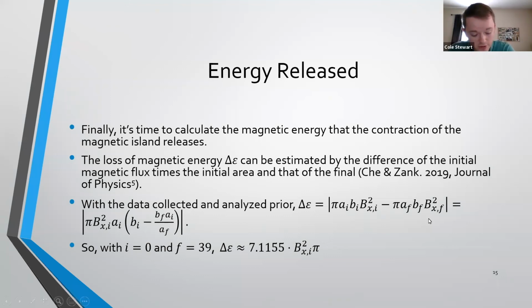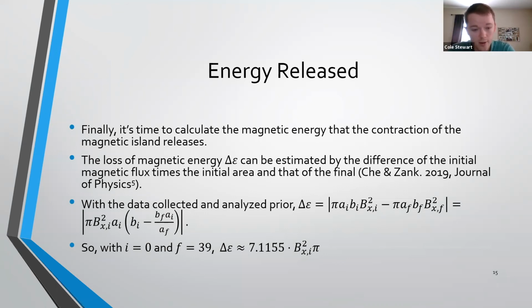The second expression takes advantage of the magnetic flux conservation, this constituent relation, that the initial minor radius times the initial magnetic field equals that of the final. Therefore, it can be rearranged in terms of the initial magnetic field.